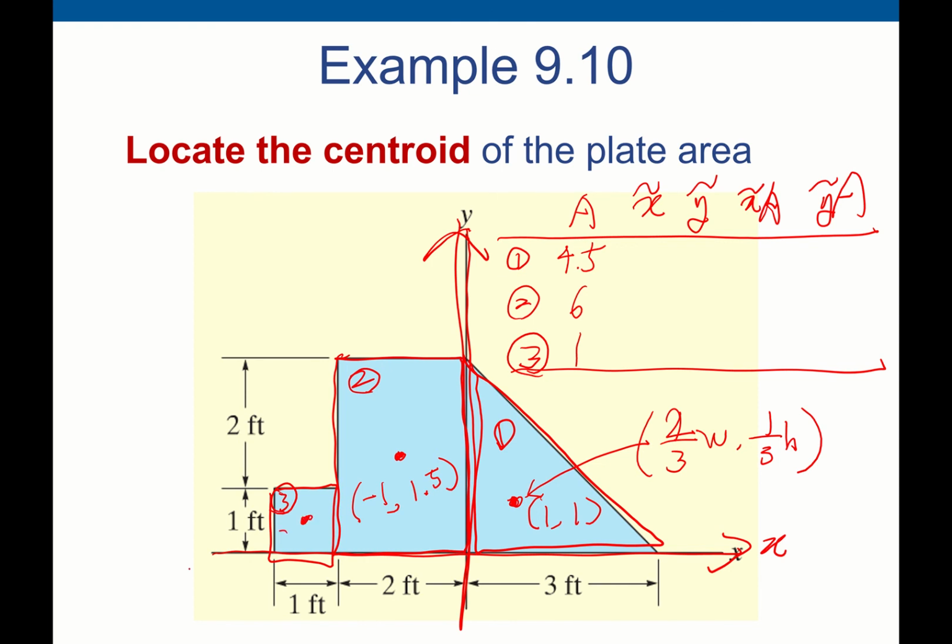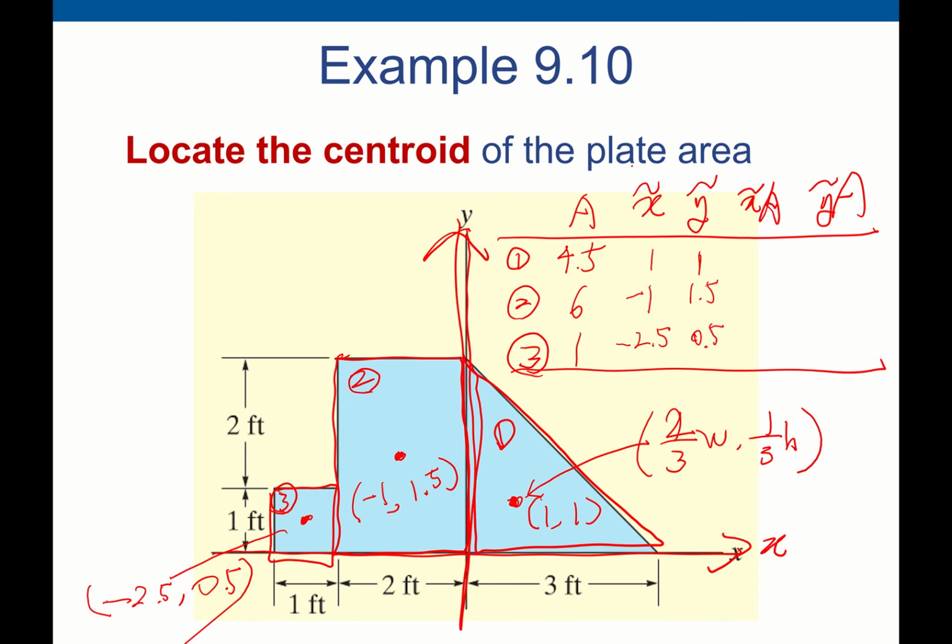Okay, so the last one is minus 2.5, 0.5. We can write down here x tilde for the first one is 1, minus 1, minus 2.5. For the y tilde, 1, 1.5, 0.5.